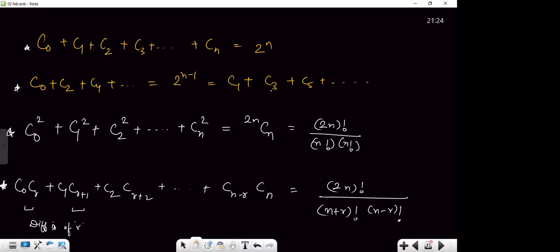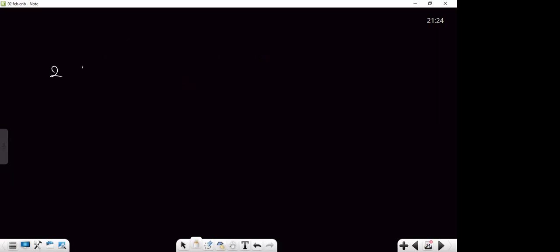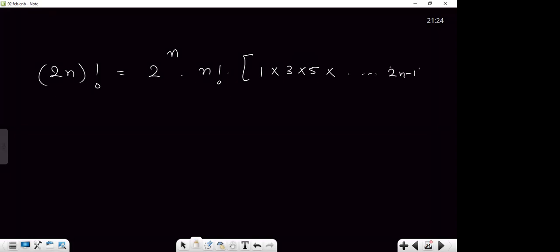Here only the even or the odd terms, binomial coefficient sum. And here is the binomial coefficient sum of all the terms. One thing to remember is 2n factorial can be broken down and written as 2 raised to power n into n factorial into the product of all odd numbers till 2n minus 1.